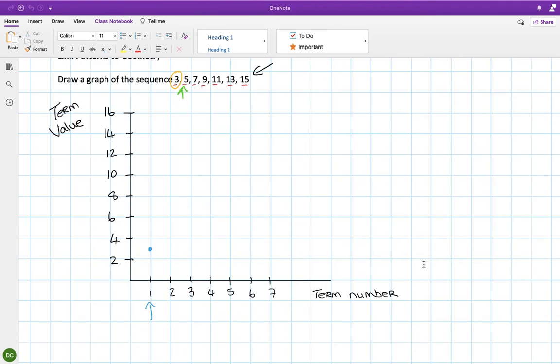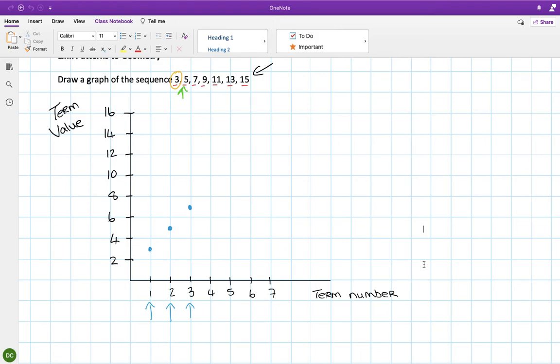Okay, term number 2, or the second term in this sequence, is a 5. So now I'm on this line because I'm looking at the second term, and I'm going to go up until I hit 5. Okay, then we move over to term number 3, so I move to the next line, but this time I'm going up until I get to 7, so 7 is halfway between 6 and 8.